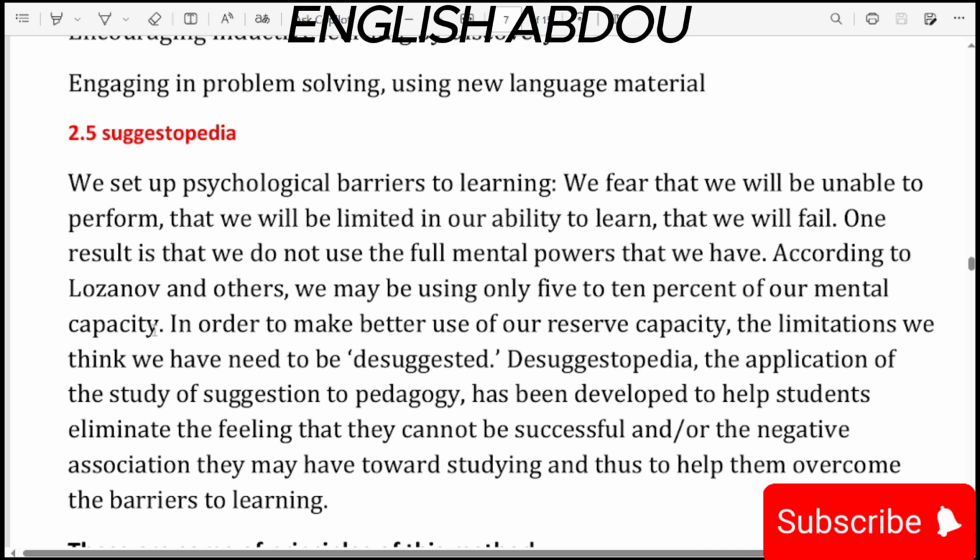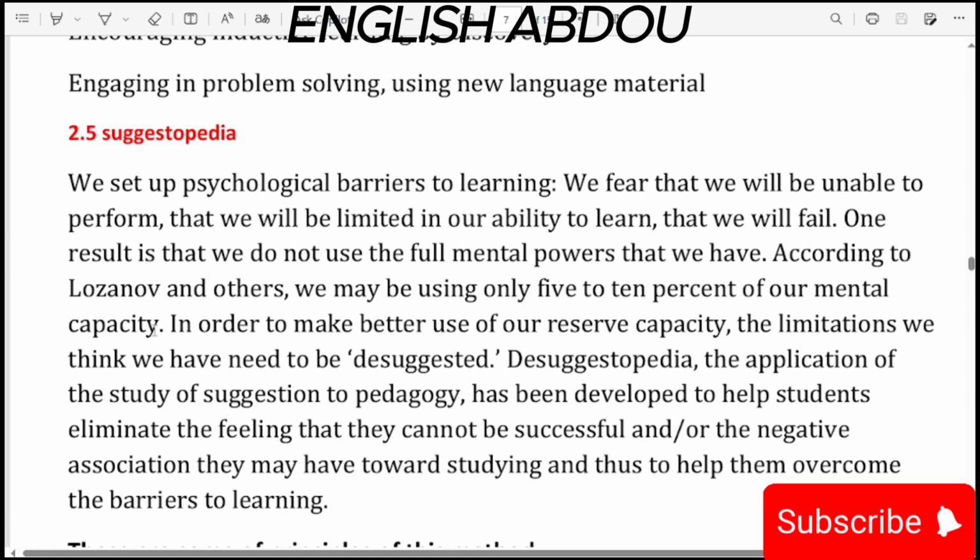Okay, we set up psychological barriers to learning. We fear that we will be unable to perform, that we will be limited in our ability to learn, that we will fail. The result is that we don't use the full mental powers that we have.